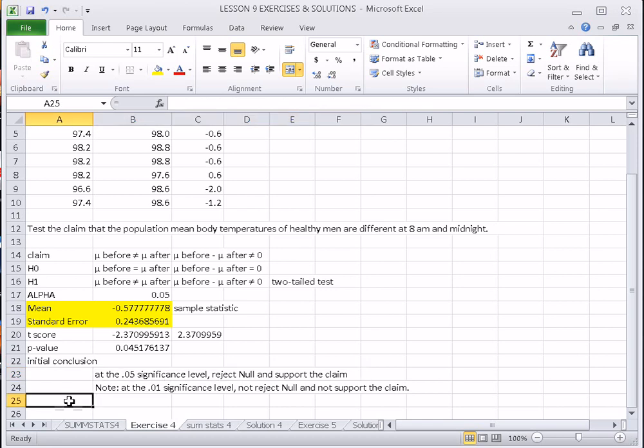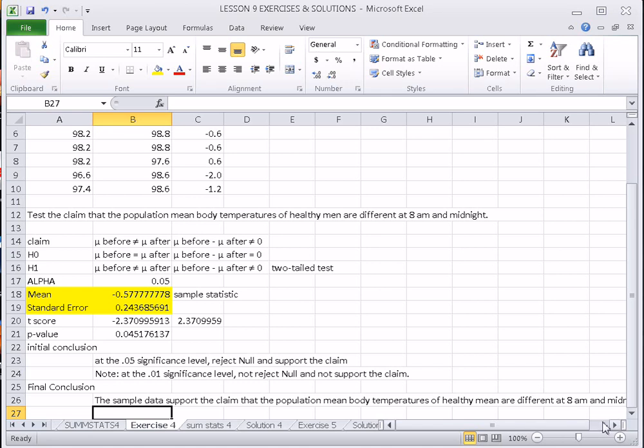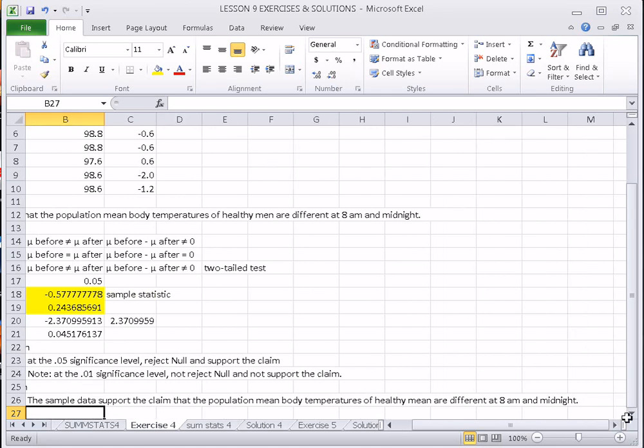So with that small data set, my final conclusion does turn out to be that the sample data support the claim that the population mean body temperatures of healthy men are different at 8 a.m. and midnight. Okay, so that is our final conclusion.